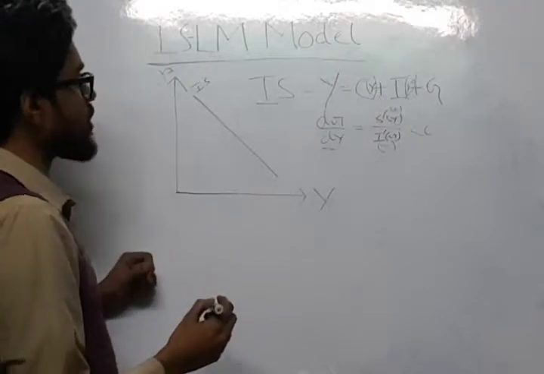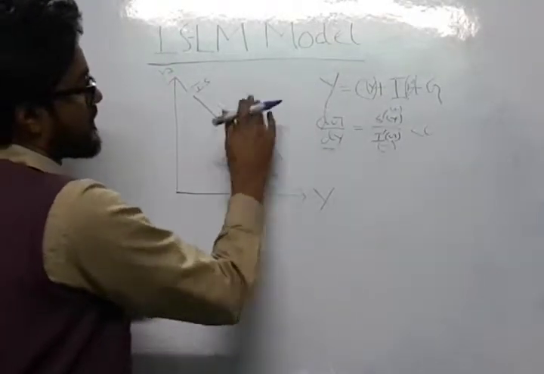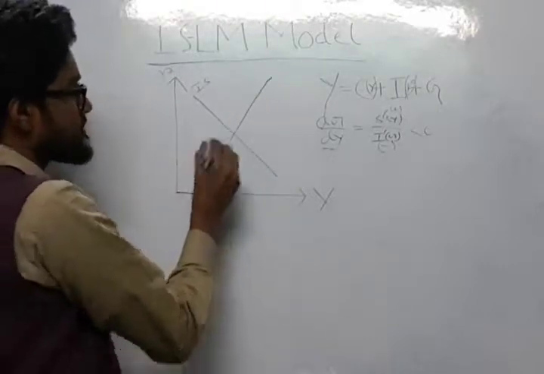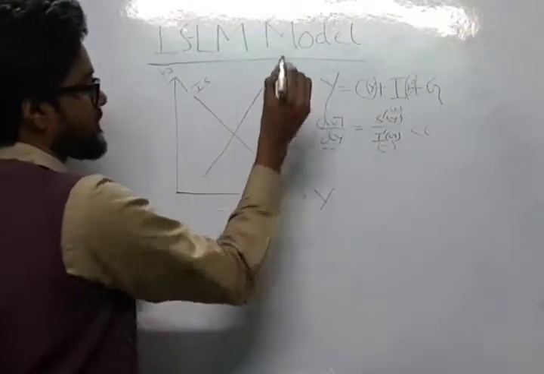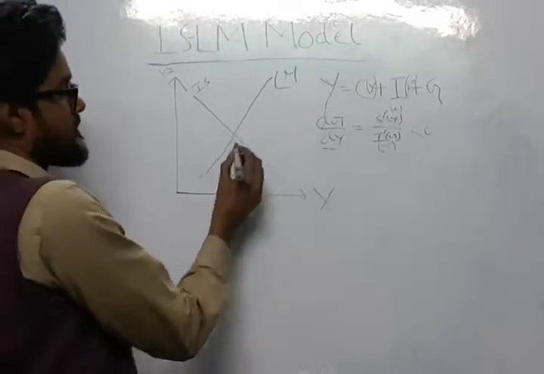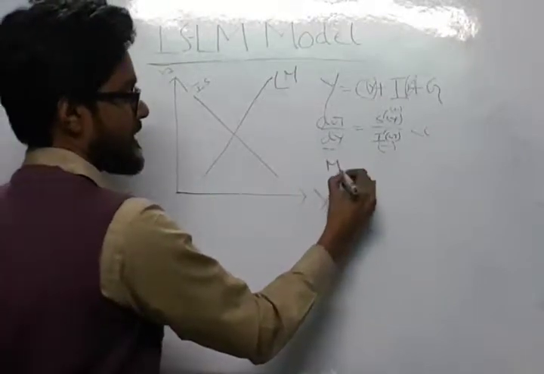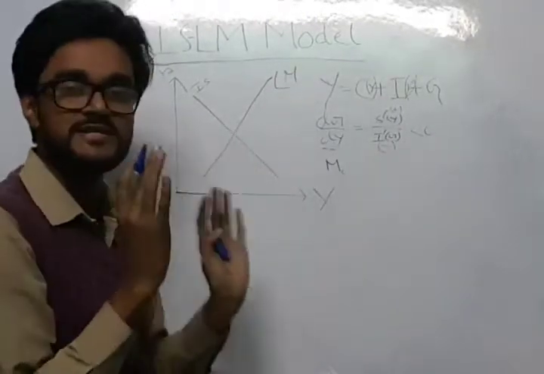Now we'll talk about the LM curve. The LM curve is a positively sloped curve. We denote it by LM, and the equation for the LM curve is MS, which is money supply.